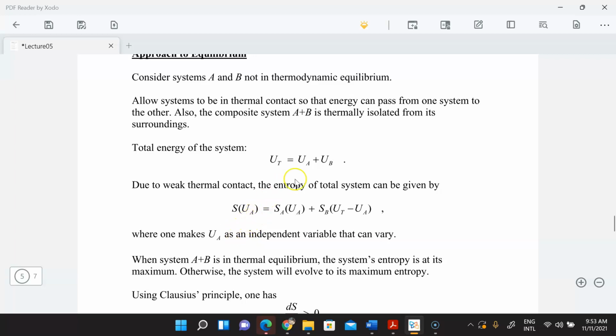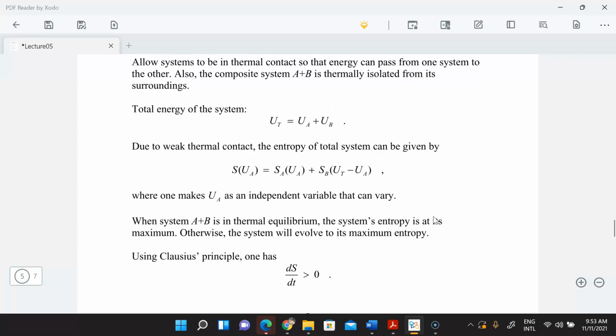Since the total U is kept constant, I can rewrite U_B, the internal energy of B, as the total U, which is a constant, minus U_A. So now the whole thing is expressible as a function of U_A.